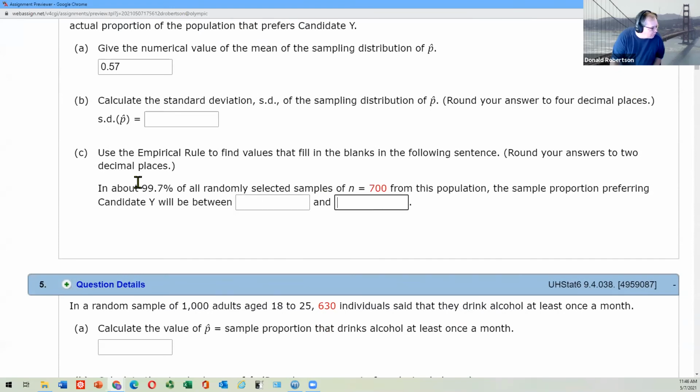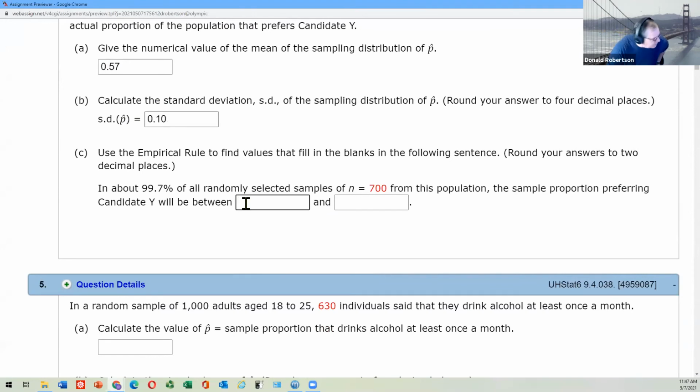And here you're going to do a 99.7. If you want to do a 99.7, it'll be the mean plus or minus 3 standard deviations. So your answer will be that value, take away 3 of these, and that value, add 3 of these.